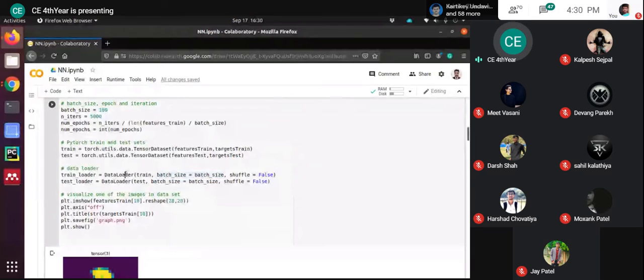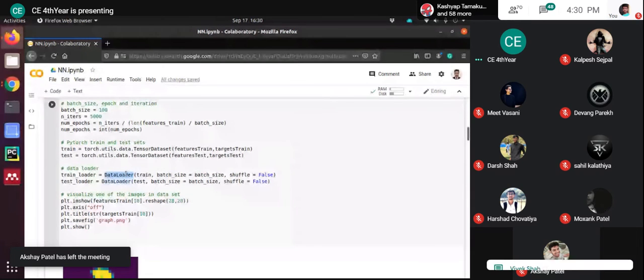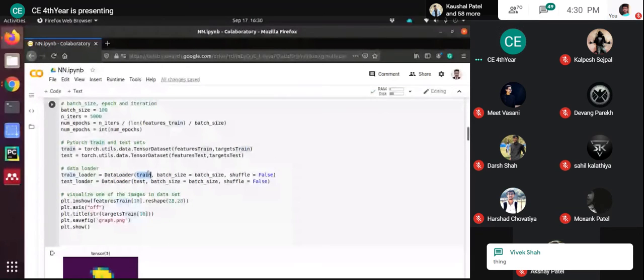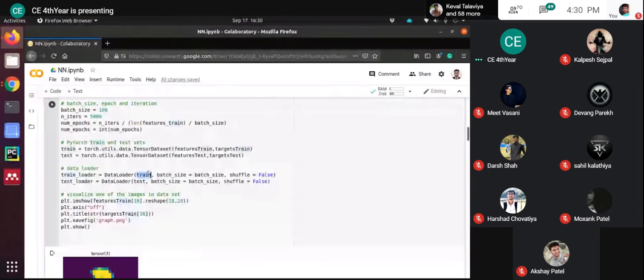And so whenever we enumerate from this data loader, we'll get one batch at a time. If you recall, this train just contains all examples of your training, but we need batches for processing. So that's why we are using this batched version of gradient descent, also referred to as stochastic gradient descent, SGD.